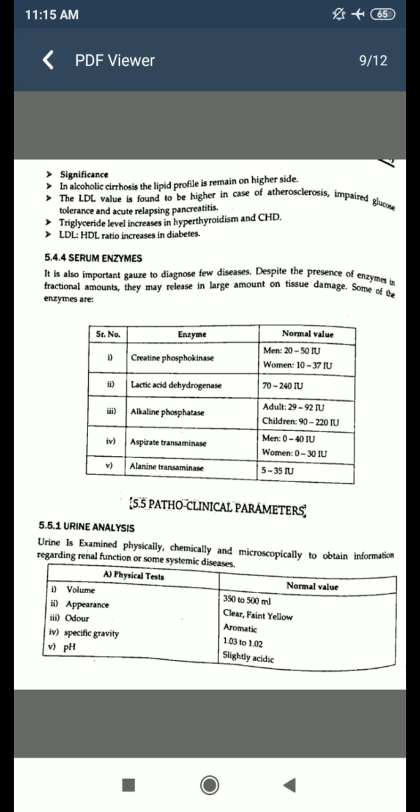Then alkaline phosphatase: adult 29 to 92 IU, children 19 to 220 IU. Then aspartate transaminase: men 0 to 40 IU and women 0 to 30 IU. Then alanine transaminase 5 to 35 IU.